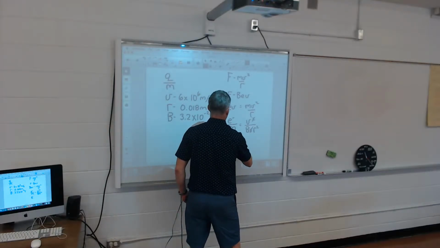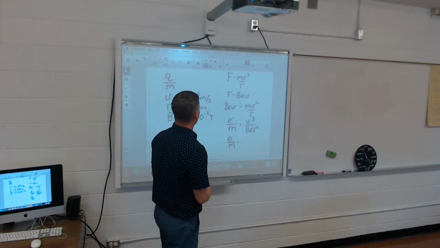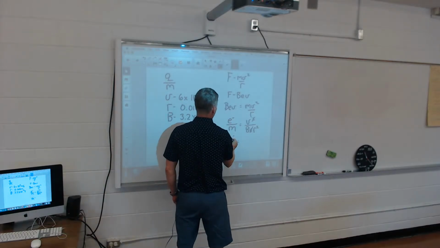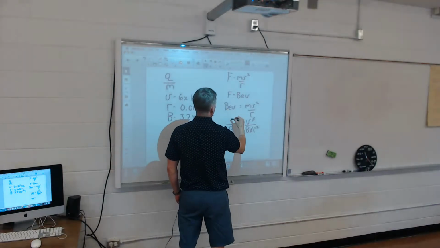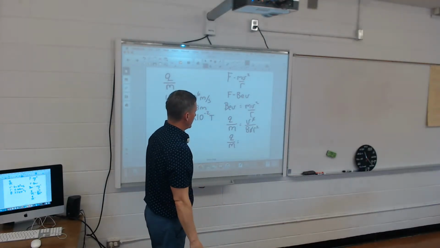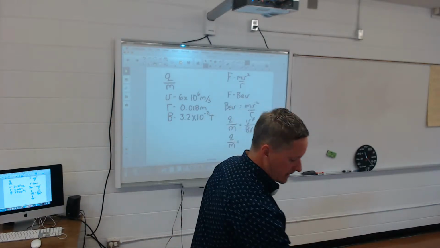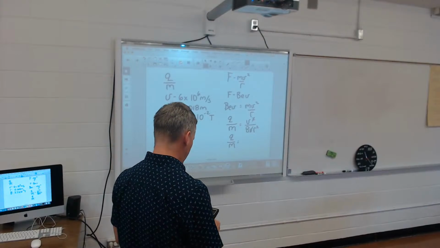So it's a little different in the sense that, or I could put Q there too. I don't need to put an electron. Does it say anything about electron there? Right. So now you have velocity over BR squared. Okay, and this time you need to use brackets for it.